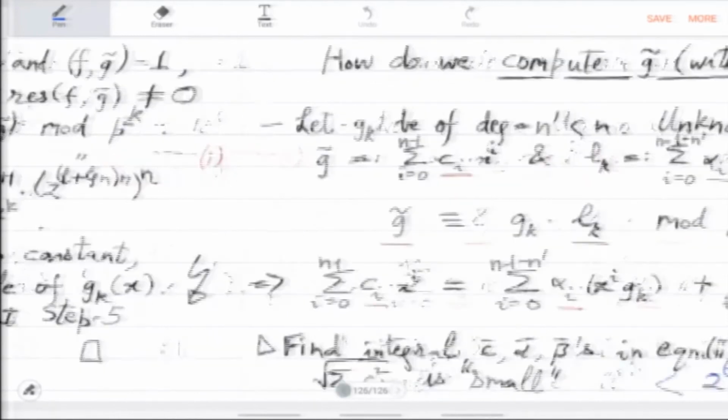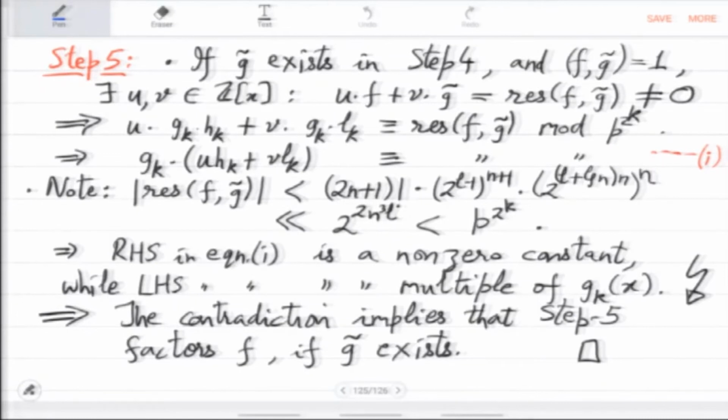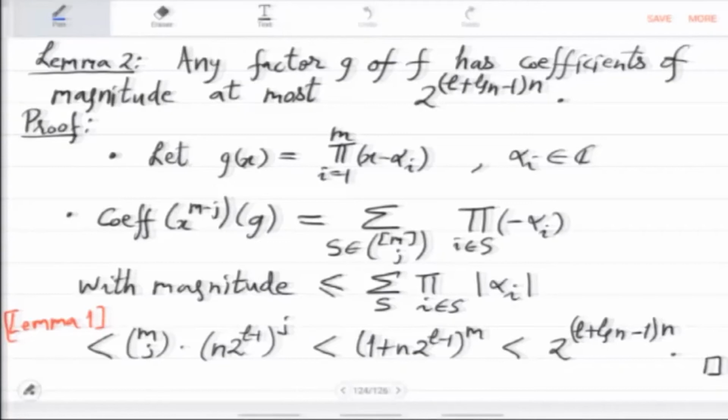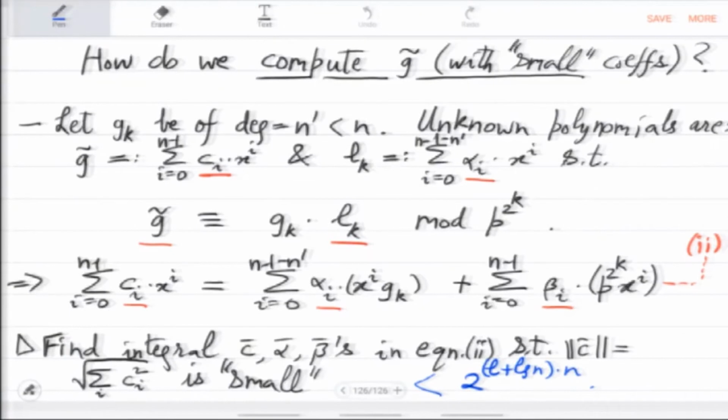If you look at the previous proof, in step 4, if you look at lemma 2, the integral factors' coefficients were of bit size L plus log n minus 1 times n, right. So each of the ci is this much, and if you look at the norm of the C bar vector, it is definitely smaller than 2 raised to L plus log n times n. So this is the bound.